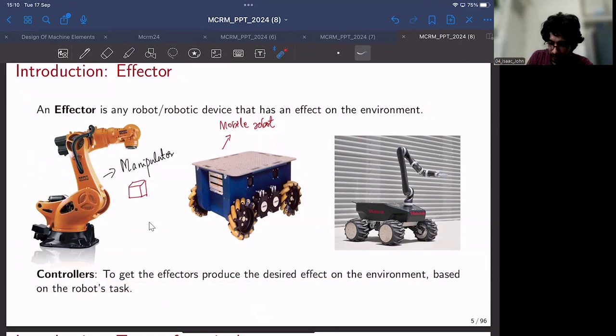In this case, the actuators would be the motors that have been placed at the joints, depending on the error between the desired position and the actual position. And in case of a mobile robot, the controllers would impart the necessary torque to guide the mobile robot along the desired direction. Maybe it can go forward, or backward, or sideways, or in diagonal ways, whichever be the case. So that is what the controllers do.